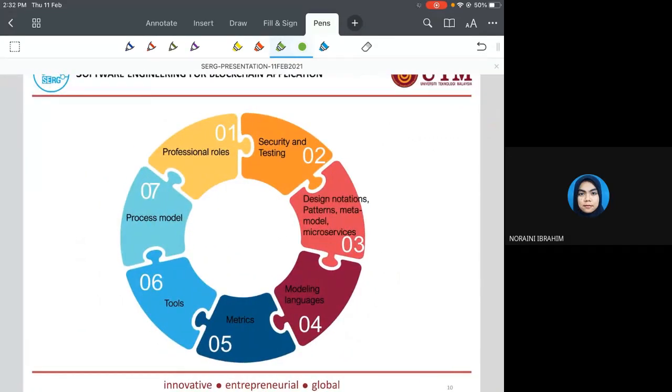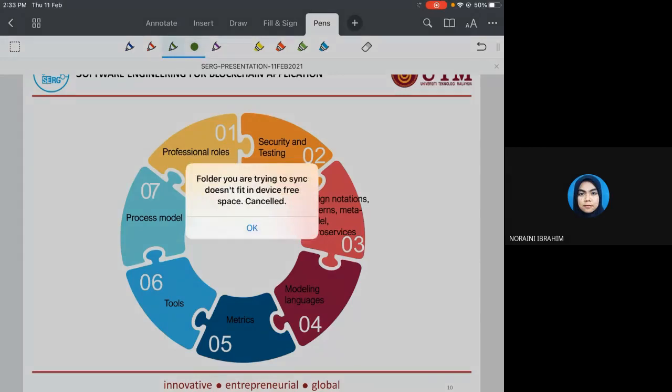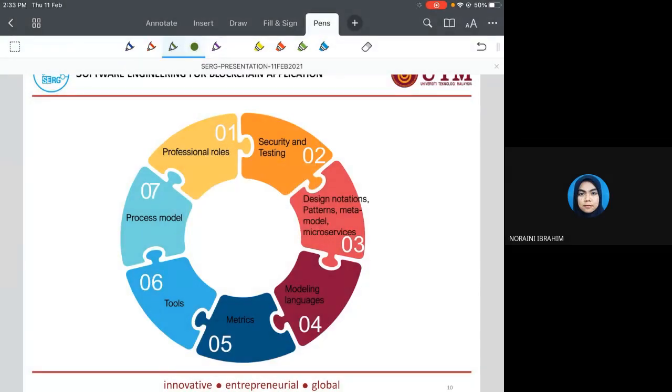The needs of software engineering lie in seven areas. The first one is professional roles. The second one is security and testing.